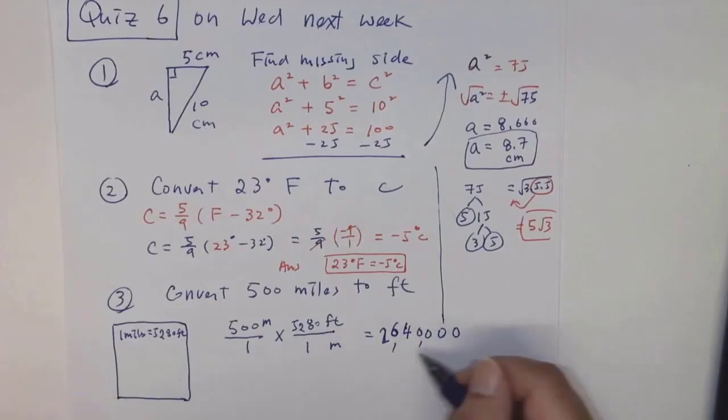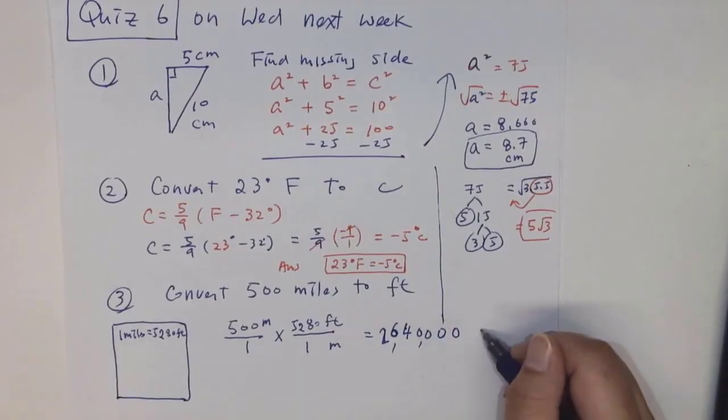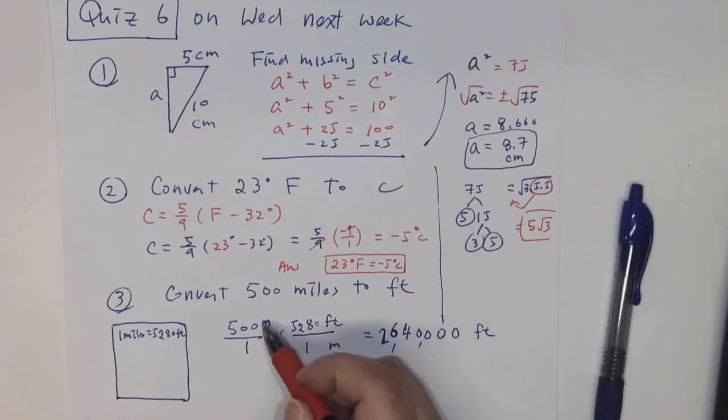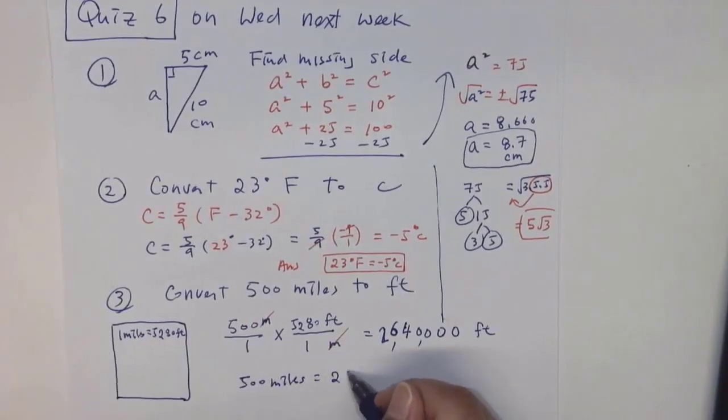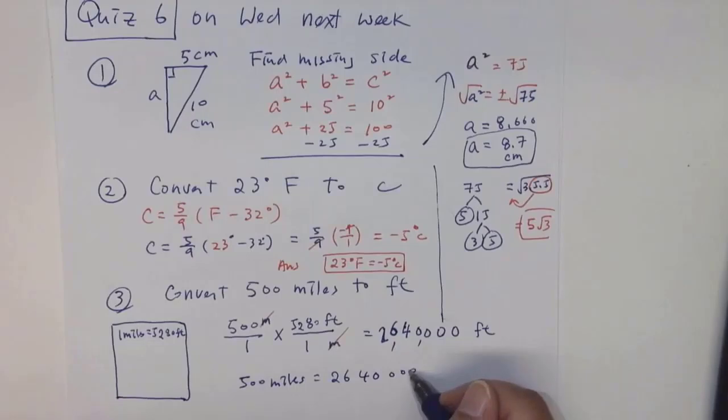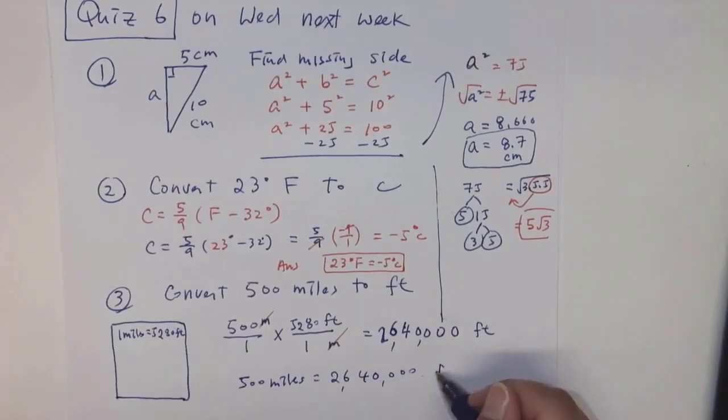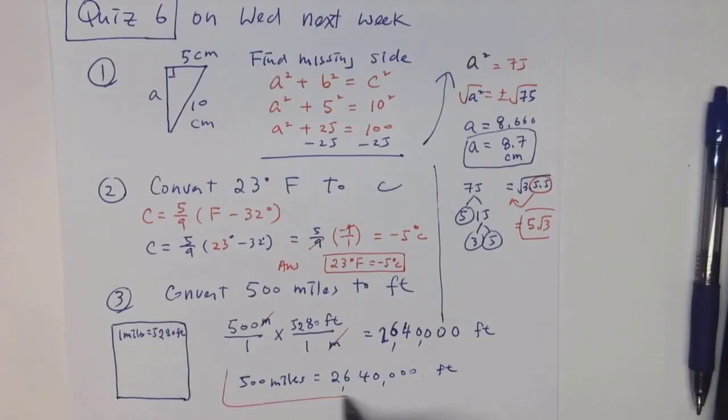Okay. This is in what units? Feet, okay? Because I already canceled the miles, right? So 500 miles equal to 264,000 feet. Are we okay?